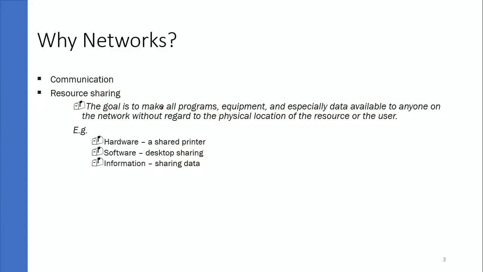The goal is to make all programs, equipment, and especially data available to anyone in the network without regard to the physical location of the resource or the user. Now, what does this resource sharing mean? Equipment means it might be a printer, or a scanner, whatever device, and especially data available to anyone.